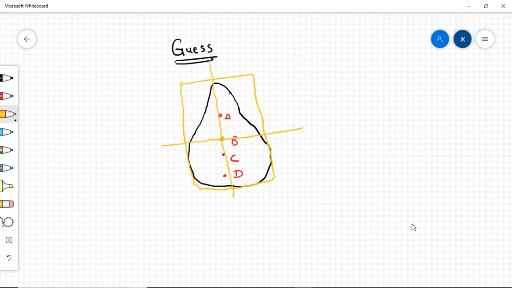So of course the point B might be the center of gravity, right? But if you see this portion and this portion, there is no mass here. But at the bottom portion it has mass, full of mass at the bottom.